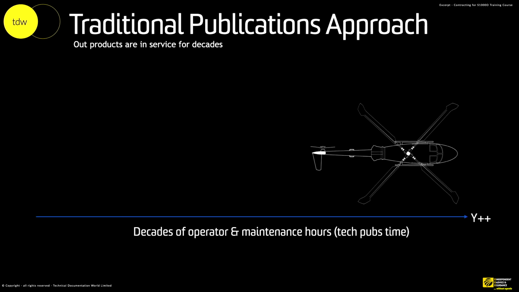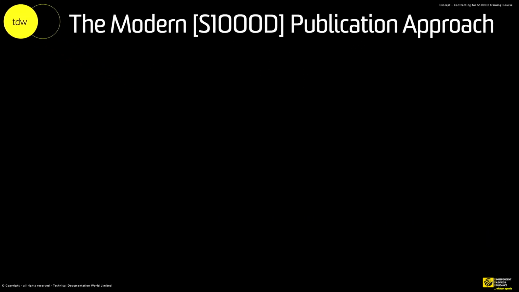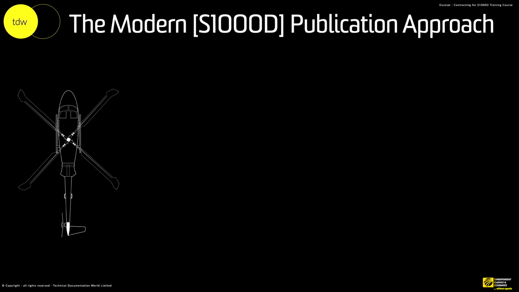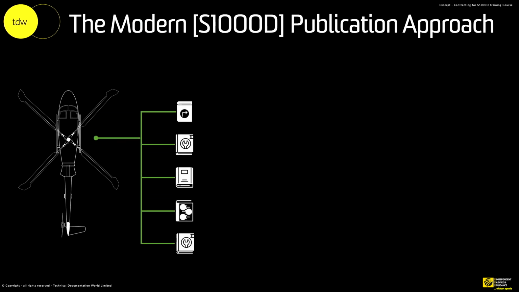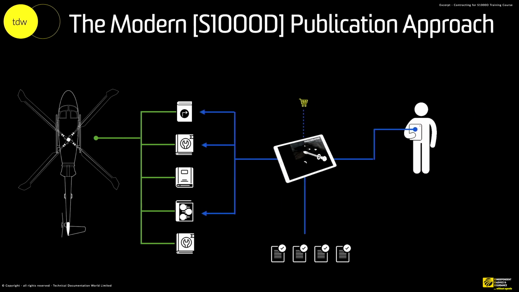So if we think now about the S1000D approach, we still have that platform. We still have the required and desired technical publications that are required to make sure that we keep this platform in service. And we can now put the S1000D data structures right at the heart of our technical publications processes.